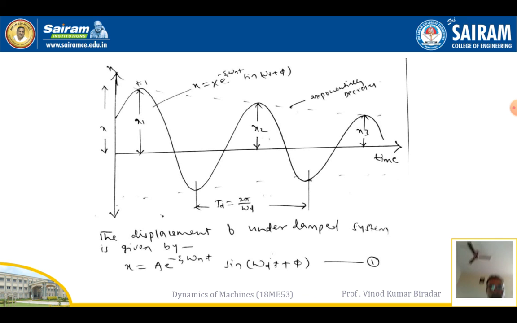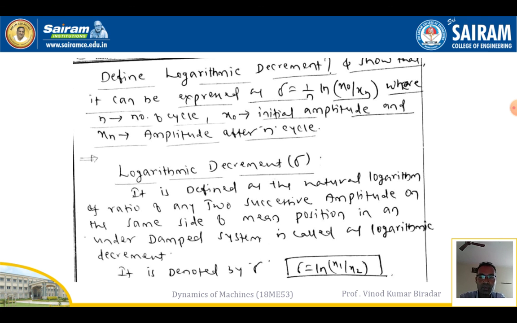It is given by delta is equal to ln of x1 by x2, and also delta is equal to 2 pi zeta divided by square root of 1 minus zeta square, and 1 by n ln of x0 by xn. These are the three formulas we are going to use for the logarithmic decrement while solving problems. I hope you understand this.